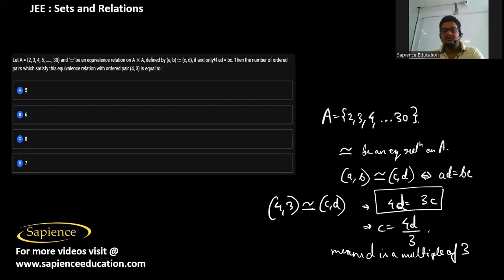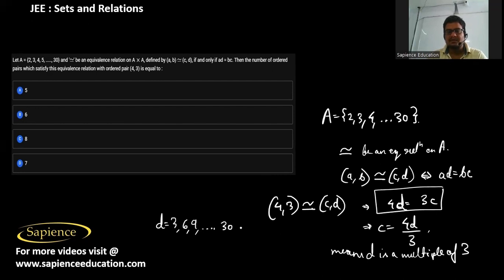So therefore we can say (4, 3) is related to (C, D), so C should be 4D by 3. So we can take D as 3, 6, 9, and till 30 we can take. But till 30 we can't take, since then C will become 40, where 40 is not there.